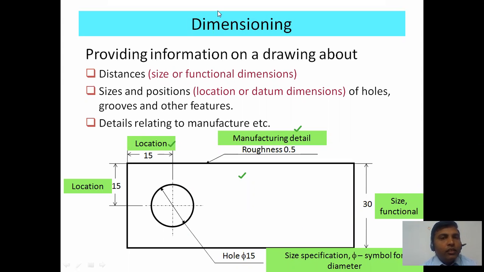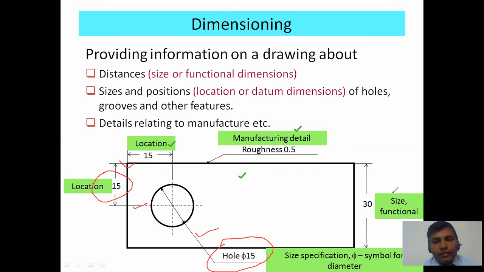This indicates the location of the dimension. For this case also, this dimension is from this corner to the center of this line, which indicates the location of these dimensions. This hole is expressed by using the leader line. So this is nothing but your leader line.